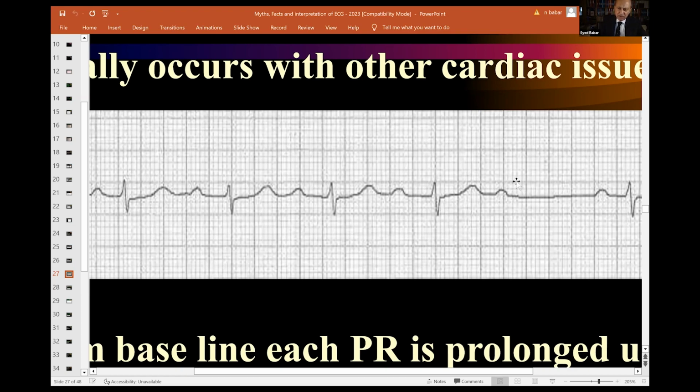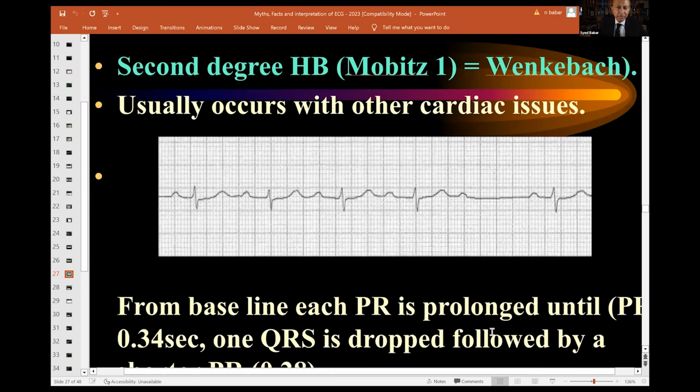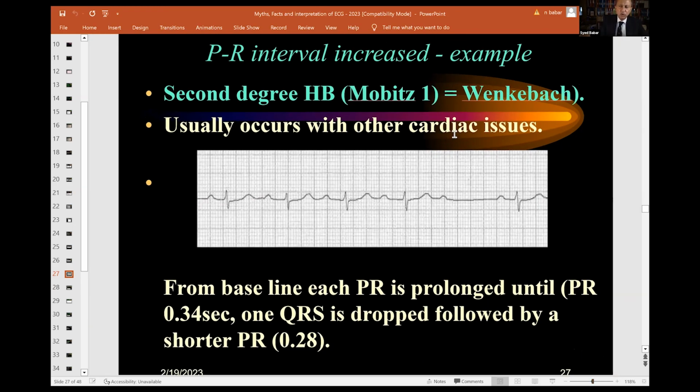So the P wave, this is the T wave. So the P wave, which is produced here, is not followed by a QRS complex, which is completely missed. And then the next P wave that we have has got a reduced PR interval. So this is called Mobitz type 1, and this phenomenon is called Wenckebach phenomenon.